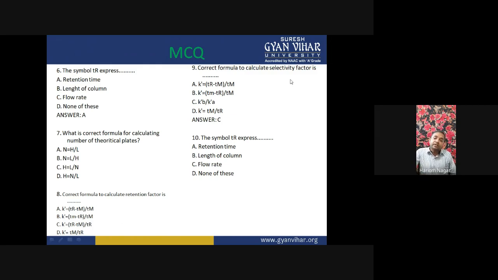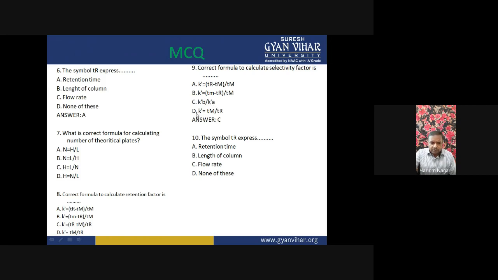But the selectivity factor is the ratio of retention factor of component B upon retention factor of component A, where component A elutes first and component B elutes later. So option C is the correct option, because k' B is the retention factor of component B and k' A is the retention factor of component A.